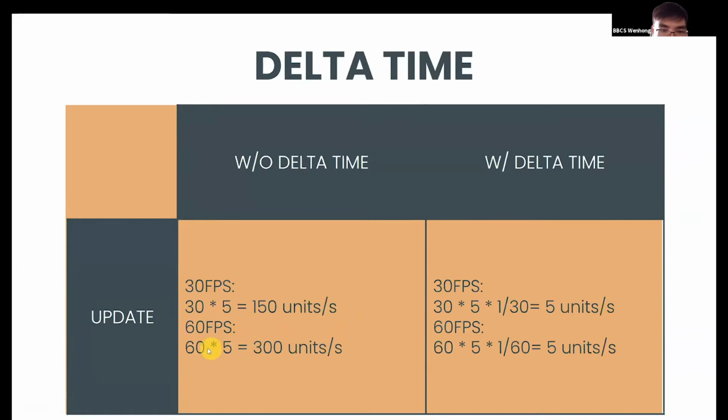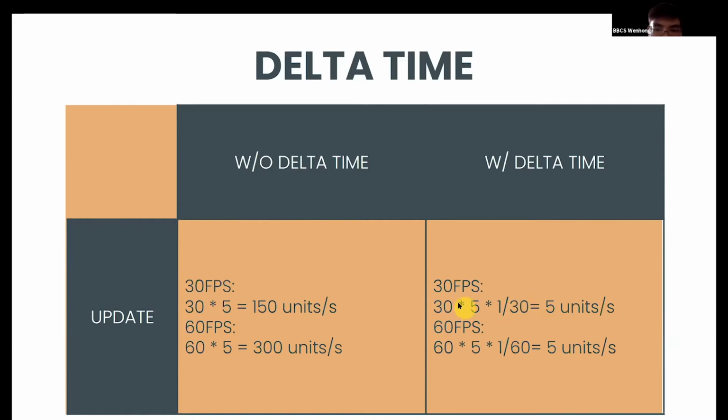If you're running 60, it's 60 by 5, which is 300. Whereas with delta time, it's 30 frames again, multiplied by 5, multiplied by 1/30. So what is this 1/30? It is the amount of time that it took to render the last frame. Because there are 30 frames in 1 second, one frame is approximately 1 out of 30 seconds.